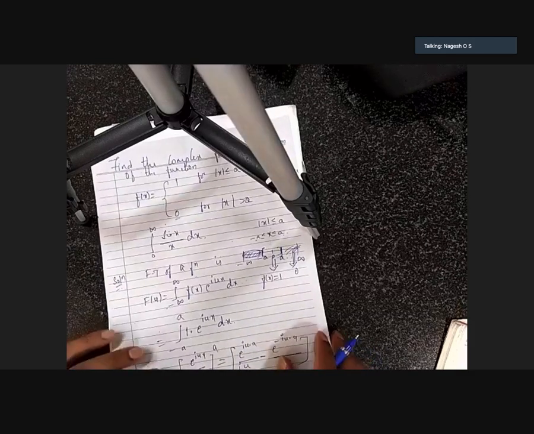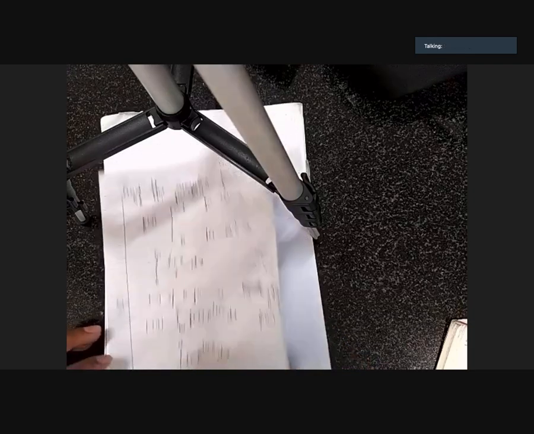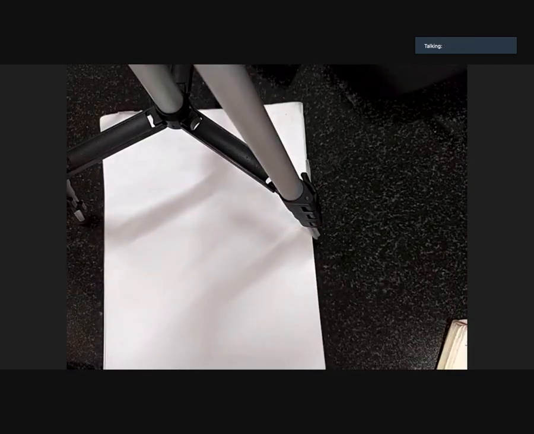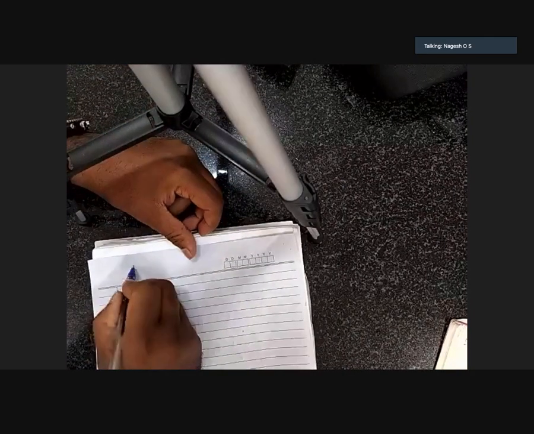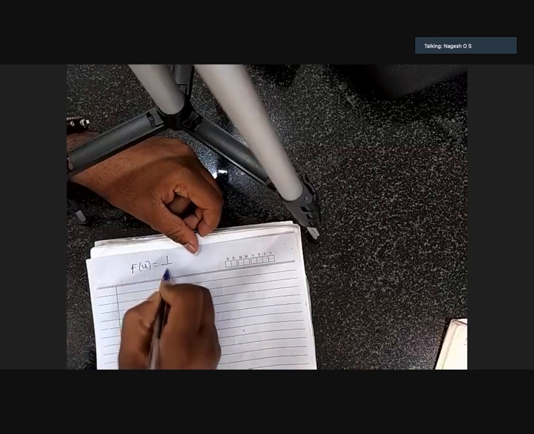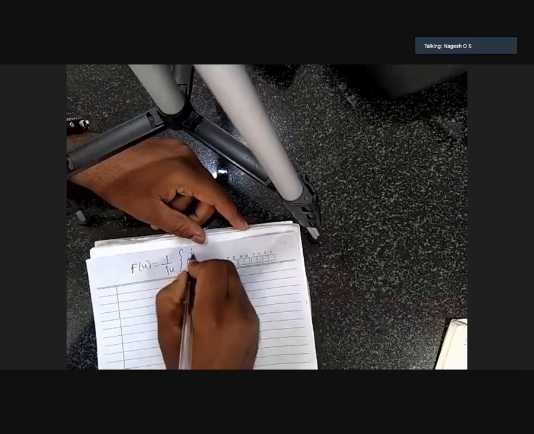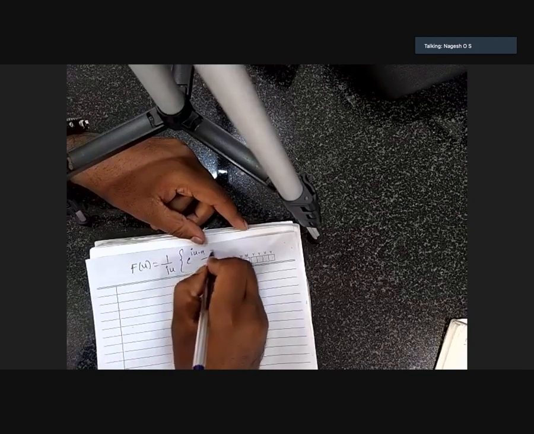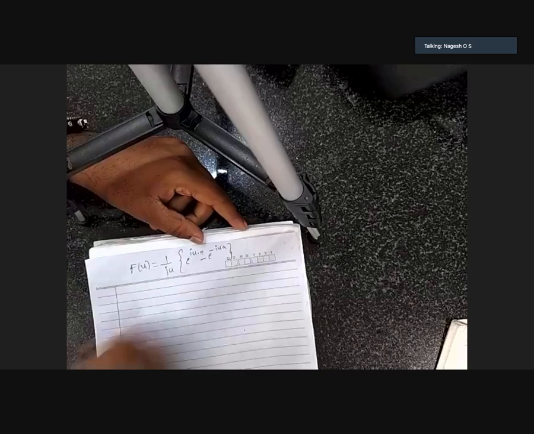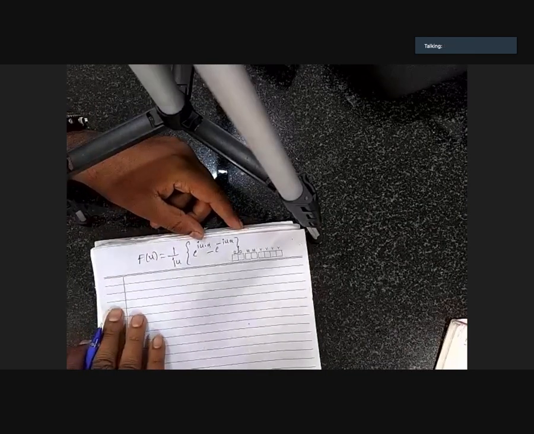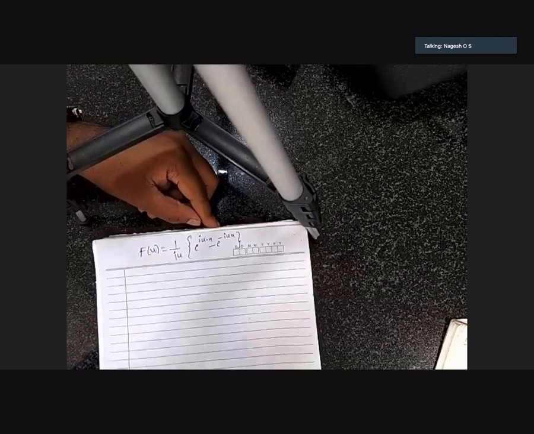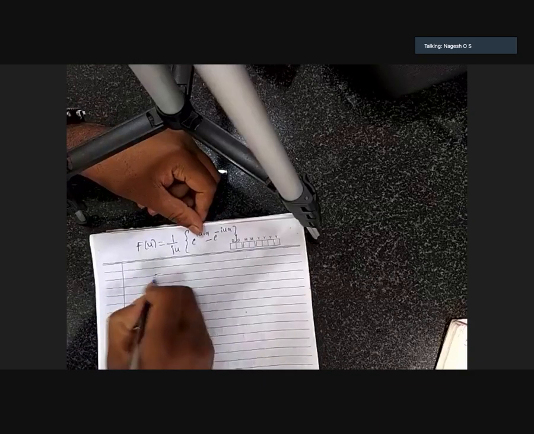So f of u is equal to 1 by iu common, e power iua minus e power minus iua. Okay, this is f of u.